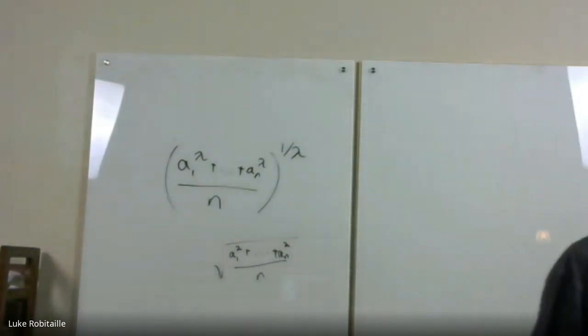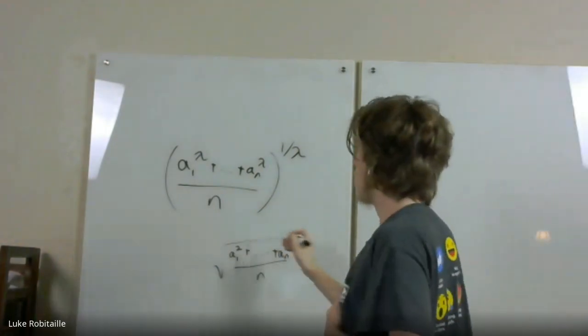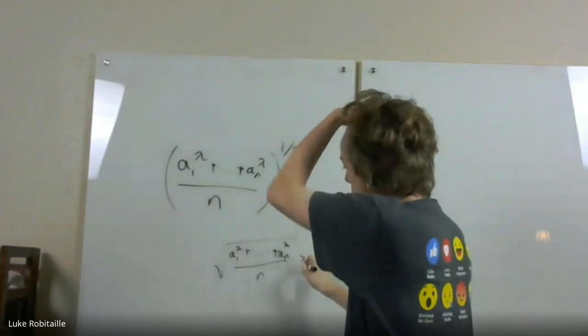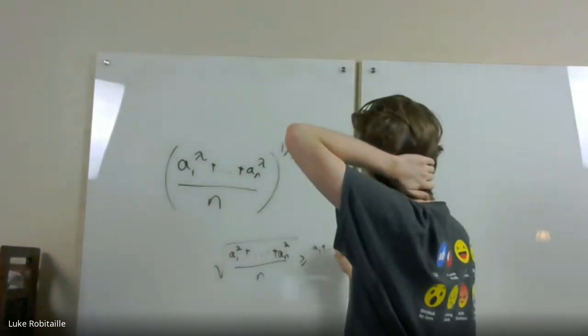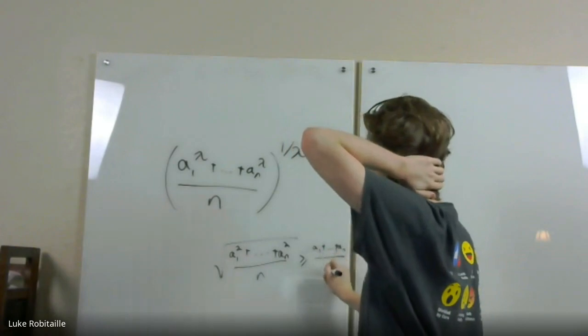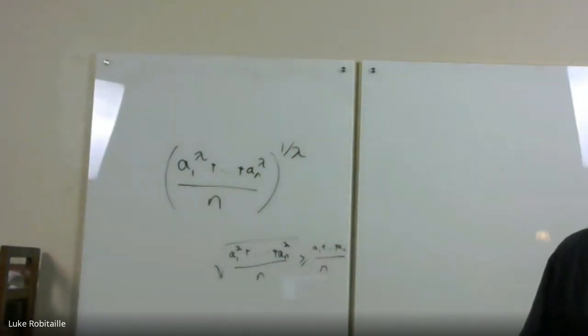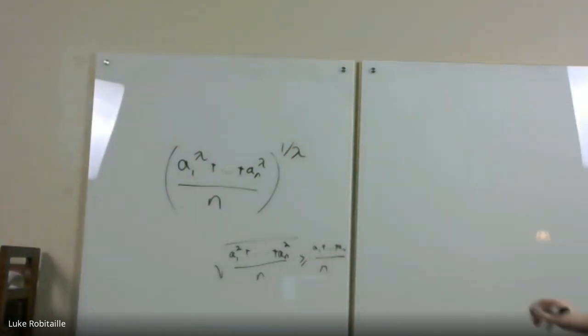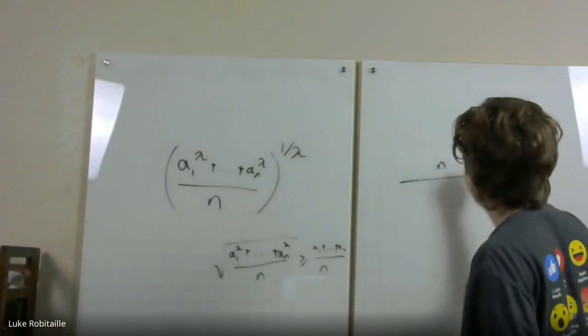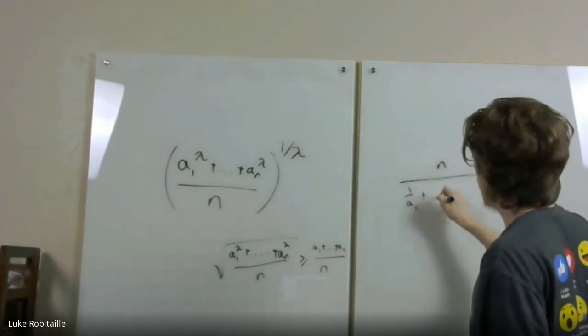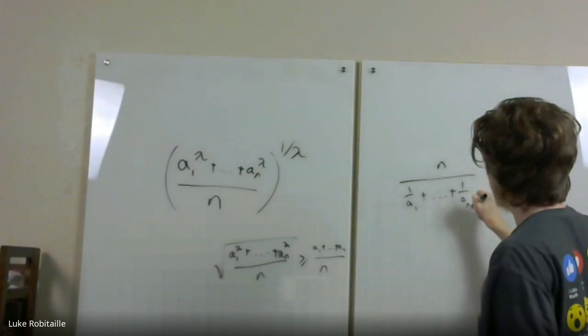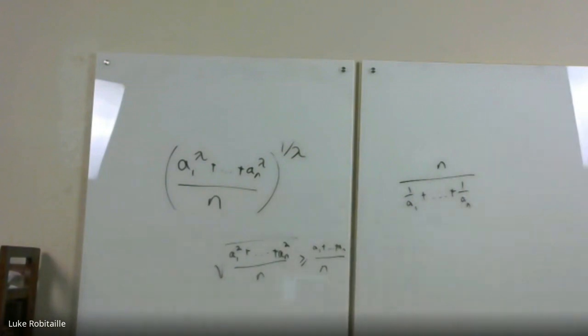Sometimes this is useful, especially in special cases like the square root of the mean of the sum of the squares is at least the mean of the numbers. Or you might also care about the harmonic mean, which is the reciprocal of the mean of the reciprocals. Sometimes you care about this, but not the most frequent thing.